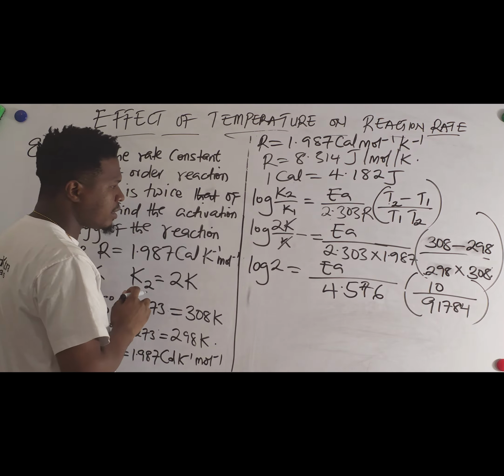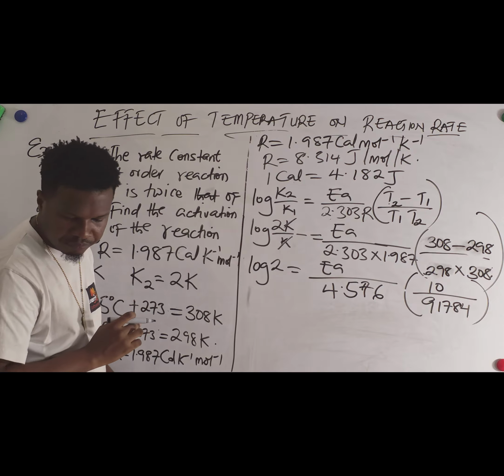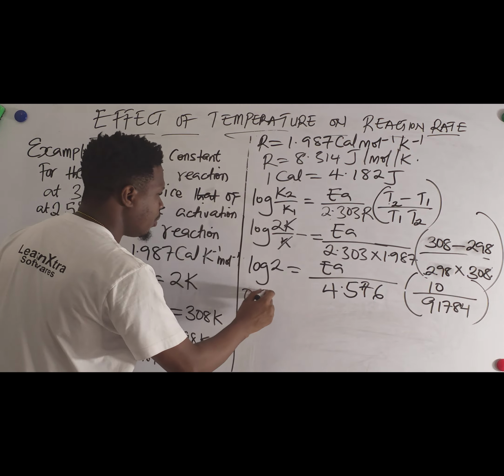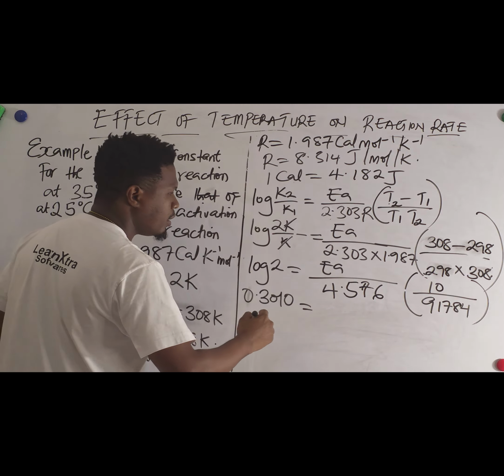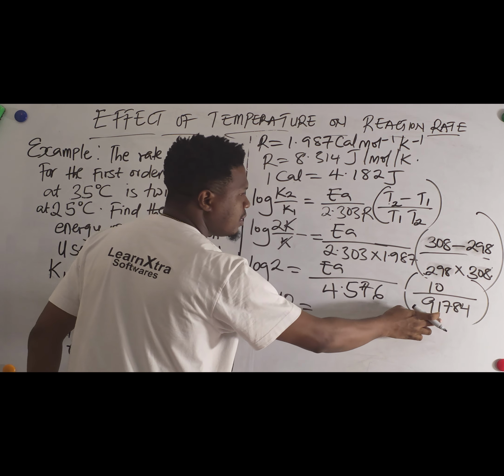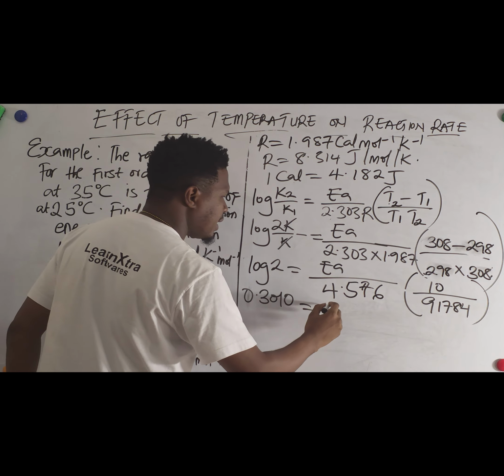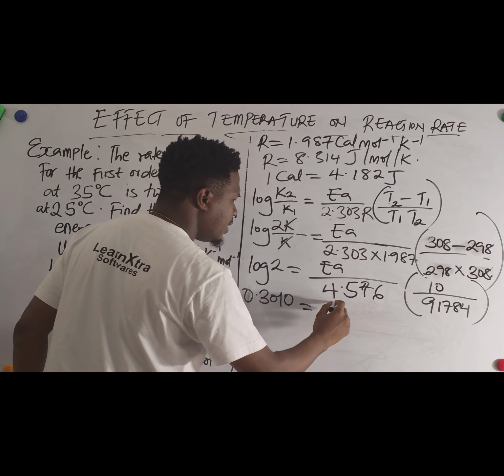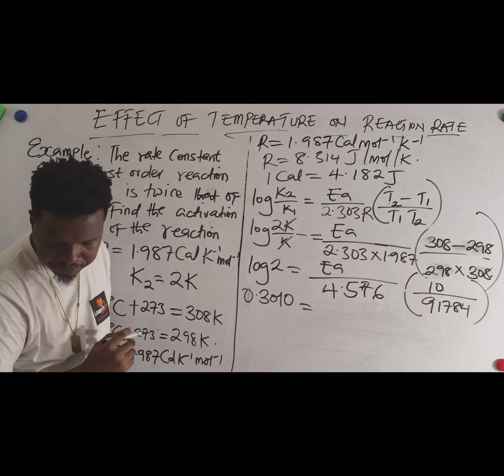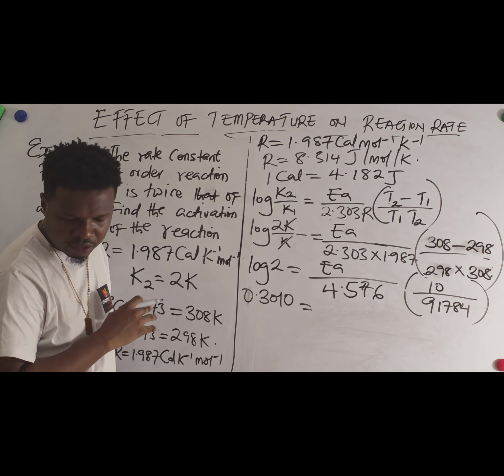What is log 2 first? Log 2 is 0.3010. Okay, so dividing this, you have an answer, and dividing with this under, you have that EA. So from here, let's quickly just do it at the top.